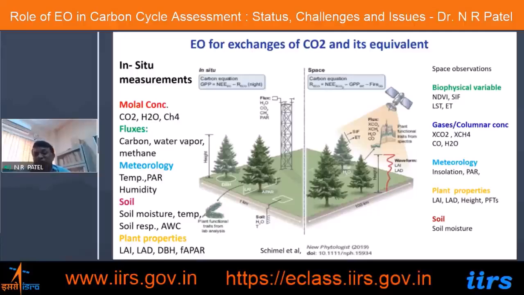Nowadays, new sensor development is there for better quantification of photosynthesis, that is the sun-induced fluorescence. Earlier, NDVI was a proxy for vegetation vigor and biomass, but SIF is much more closely related, or we can say a better proxy for photosynthesis, which is being developed.